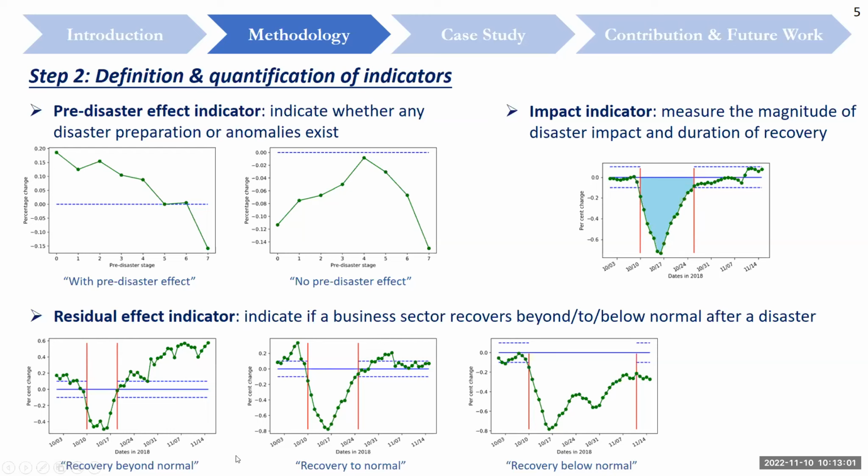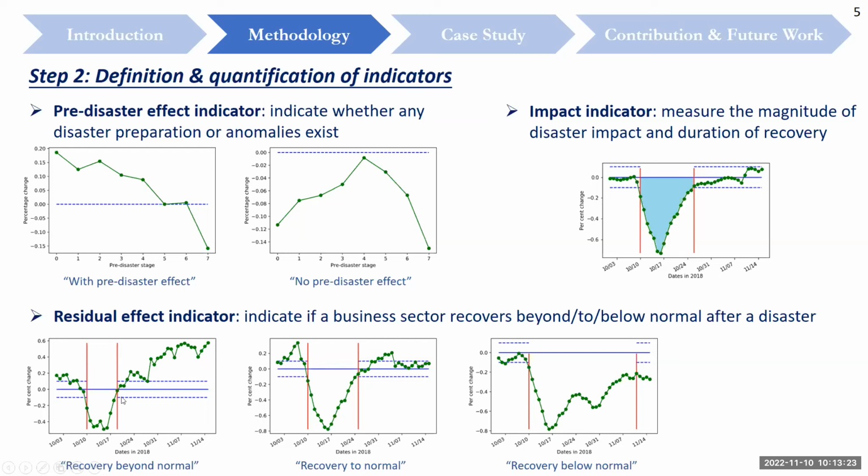Basically, we identify 3 possible patterns. One is recovery beyond normal, which means 1 month after, the POI visit is constantly above the previous function level, by positive 10%.